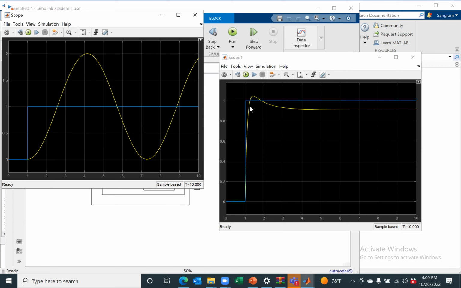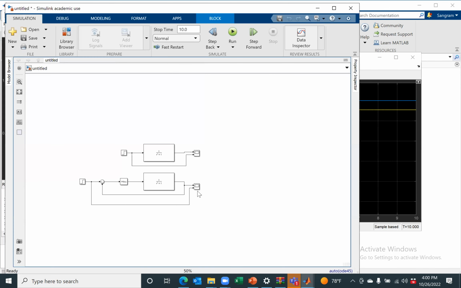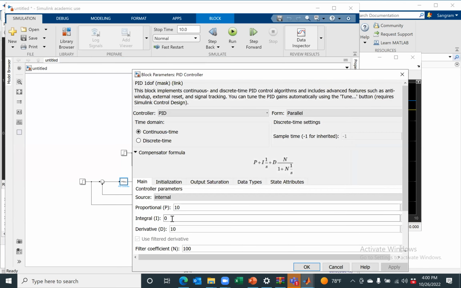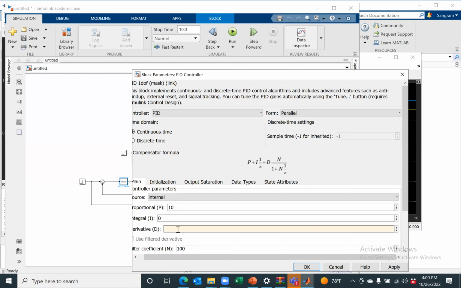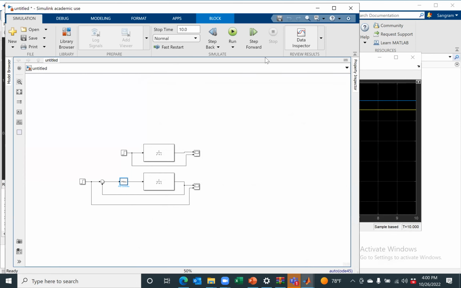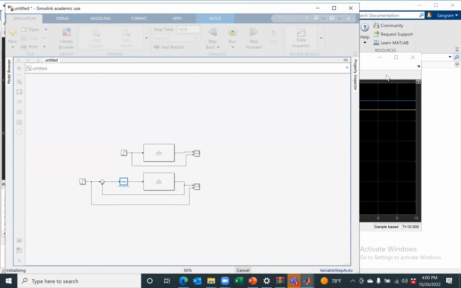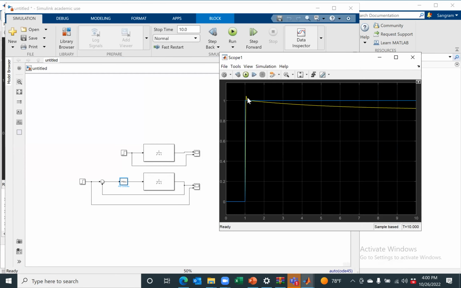But the problem here is that my input is from 0 to 1, but my output is not close to 1. It is sort of having some fixed offset. So you can change the value of derivative, maybe make it 50 and run, and then try to minimize the overshoot.